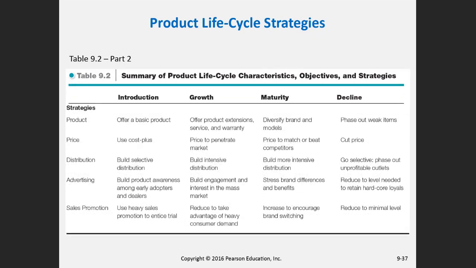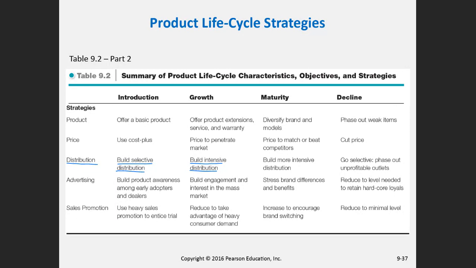Then we continue on with product, price, distribution. We'll take distribution here. In introduction, we only sell it at certain places for multiple reasons. Try to create some exclusivity, and we may not be able to talk a lot of people into carrying it. And then in the growth stage, you find it more and more places. We go back to high definition televisions, and now the OLED, and it's just progressed on.